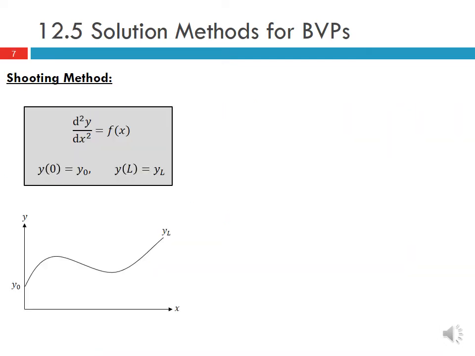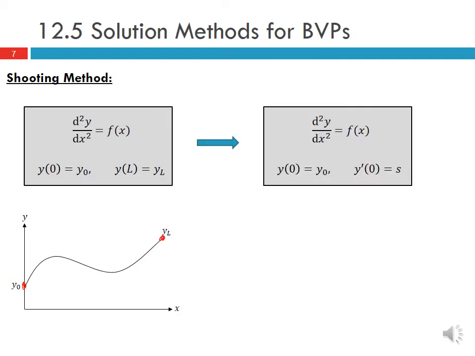So we have our boundary value problem with our boundary conditions given at the ends of the domain, y of 0 and y of L. We can convert this to an initial value problem where our boundary conditions are now both given at x equal to 0.